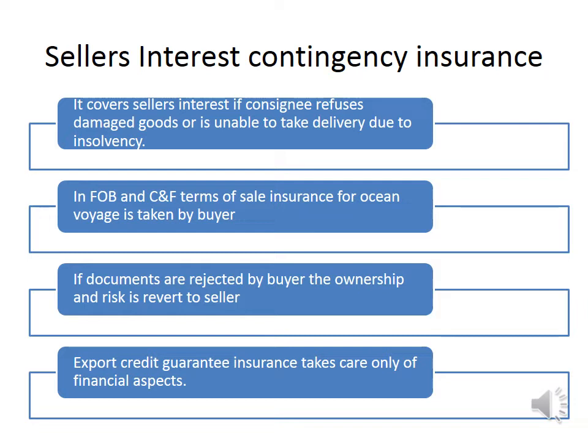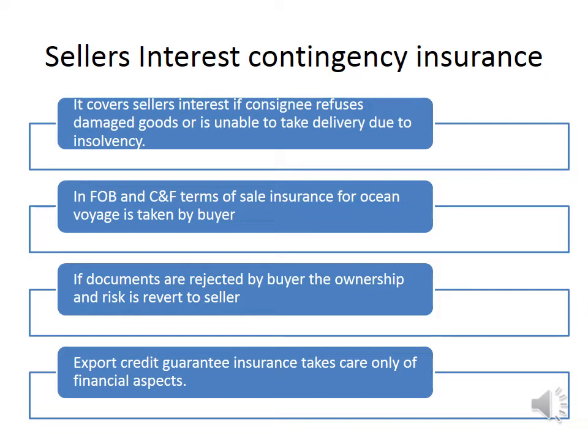The seller's contingency policy will take care of that, but try to understand it has to be non-disclosed to anybody. It is only between the insurance company and the insured. The buyer also should not know that such policies, such terms and conditions, are available. Now, if documents are rejected by the buyer, the ownership and the risk revert back to the seller.